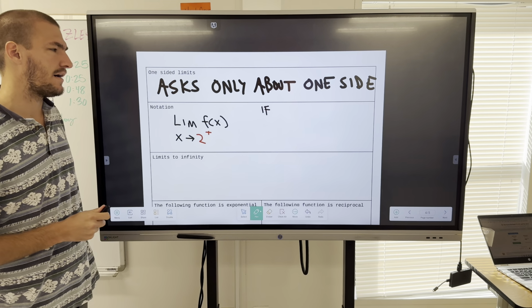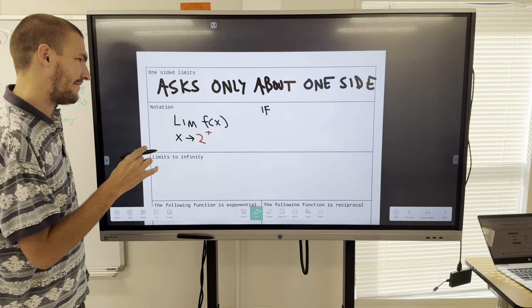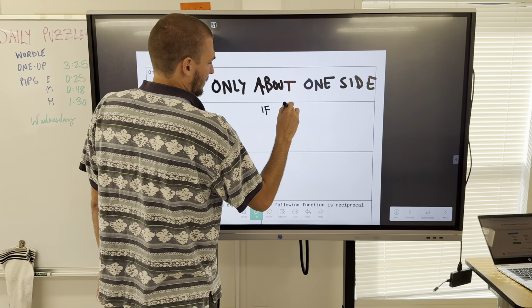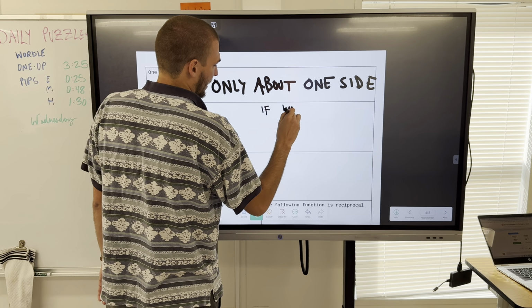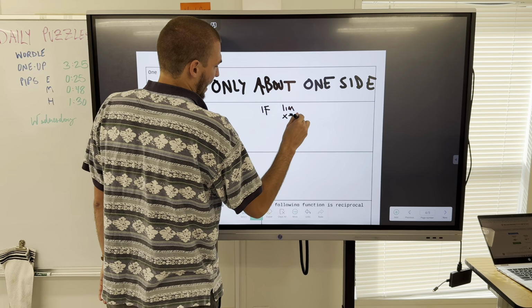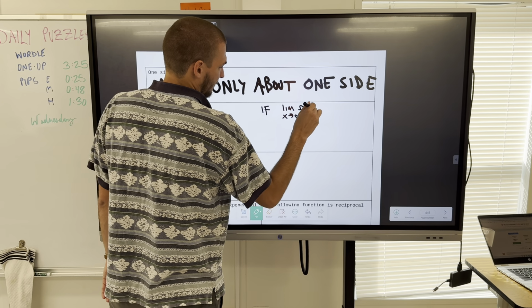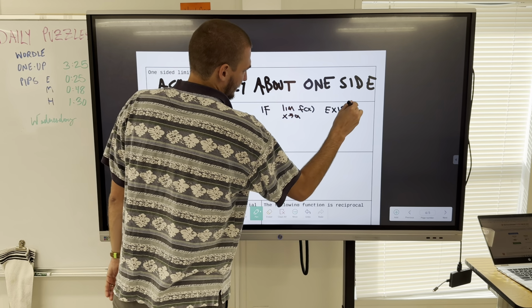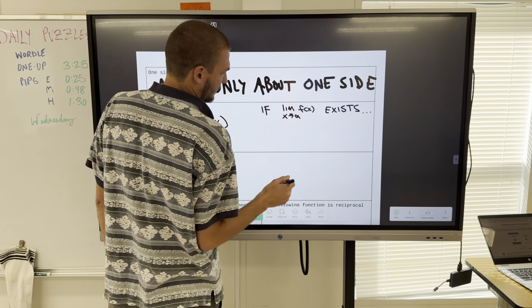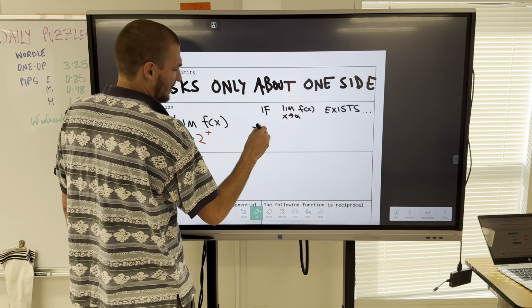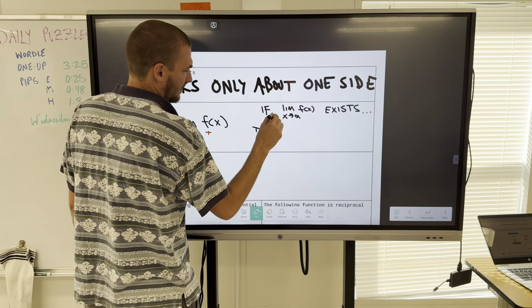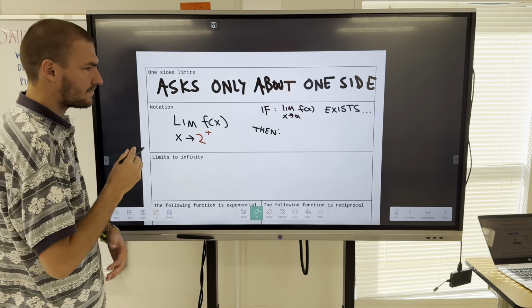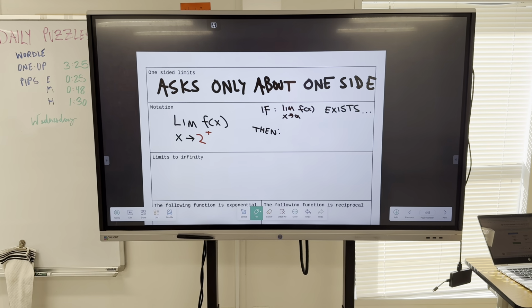Let's make a little hypothesis. If the limit as x approaches a of f of x exists, then what?